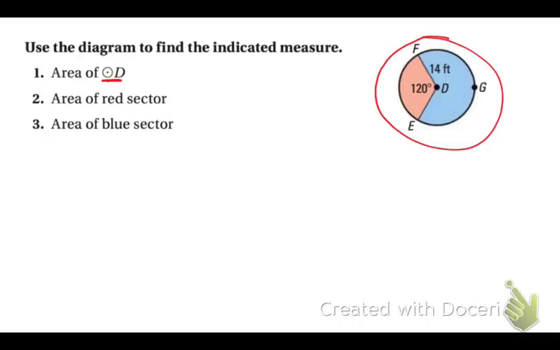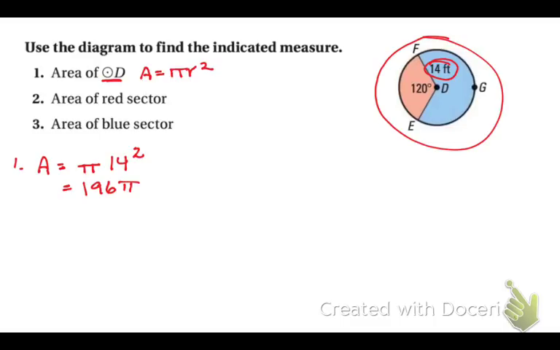We know our formula for area is equal to pi r squared. So our area is going to be equal to pi, and we're given our radius, which is 14 feet, so that's 14 squared, is equal to 196 pi.